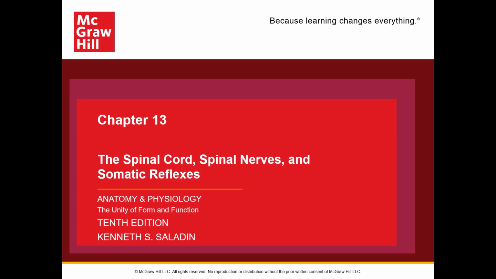What's that system called? PNS. That's why we have a central nervous system divided into brain and spinal cord. The other one, as Michelle said, is your PNS, peripheral nervous system.